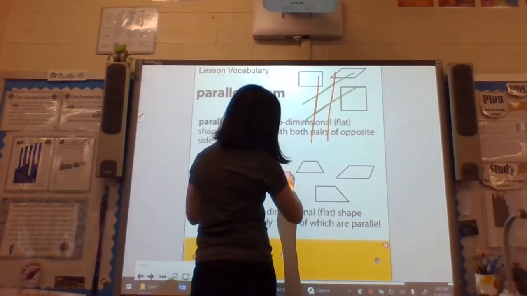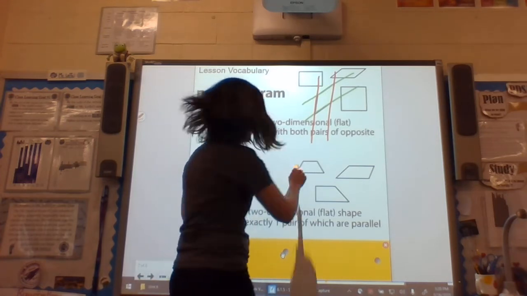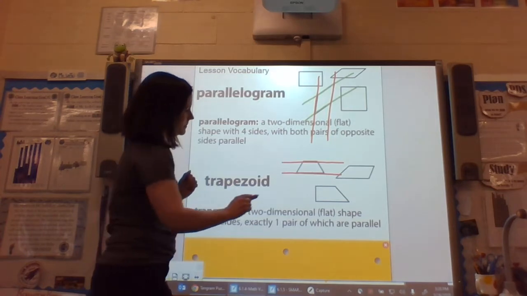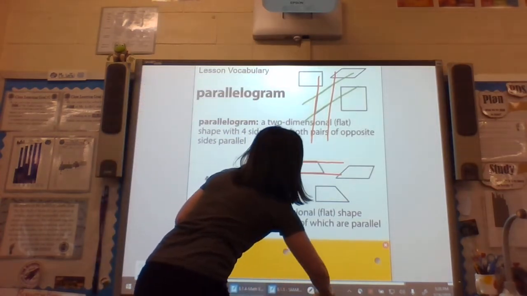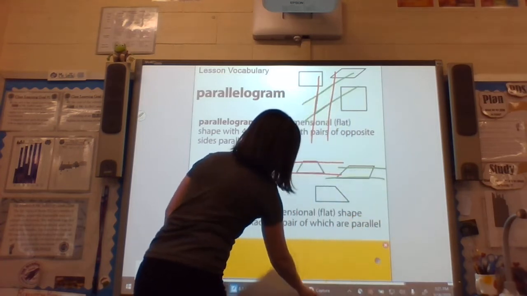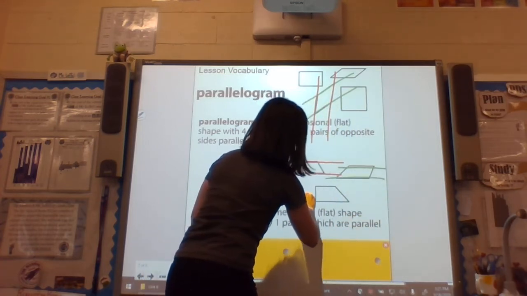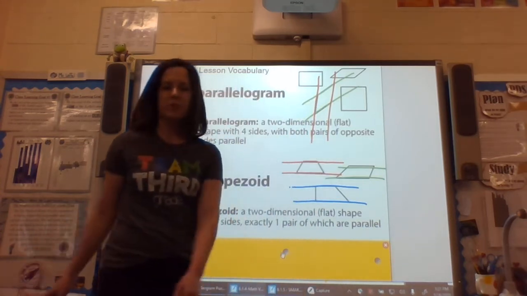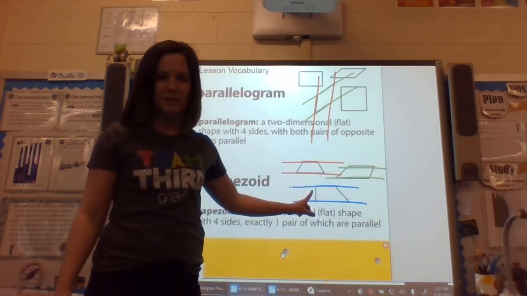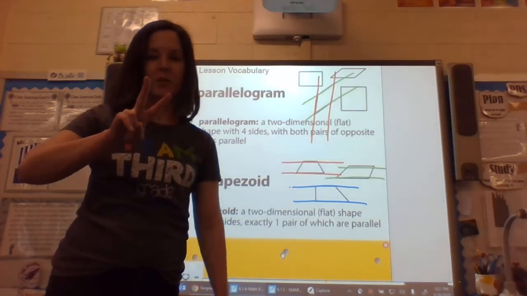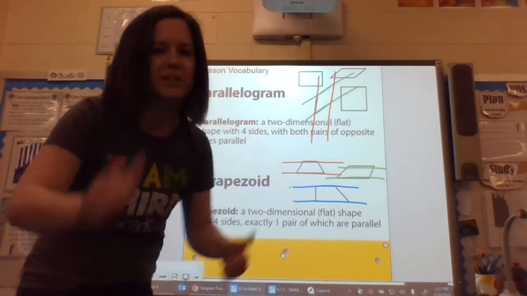This trapezoid has 1 set of parallel lines there. This one here. And this one here. So again, trapezoids have 1 pair of parallel sides. Parallelograms have 2 pairs of parallel sides. Got it? Good, let's move on.